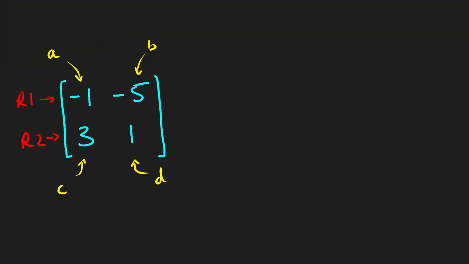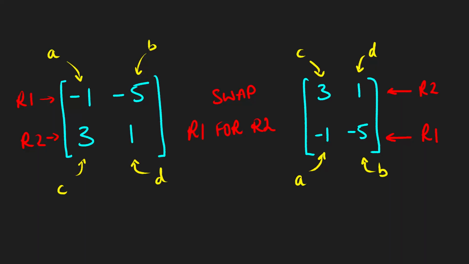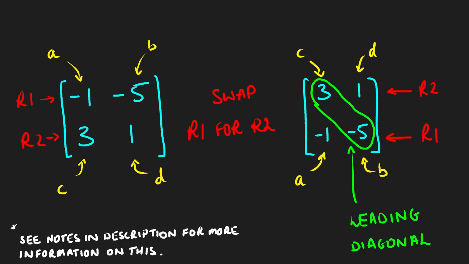So what we'll do is we'll start off with our transformation matrix, -1, -5, 3, 1, and we'll do a row swap, okay? So we're left with 3, 1, -1, -5. What you might notice now is that our C and B are on the leading diagonal, and our A and D are on the other diagonal.